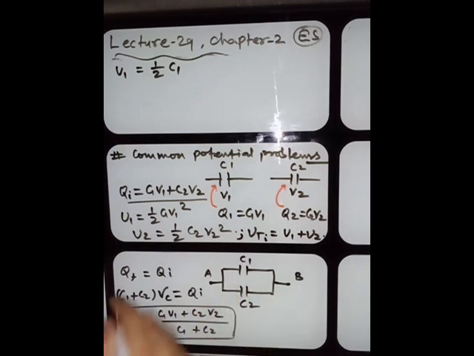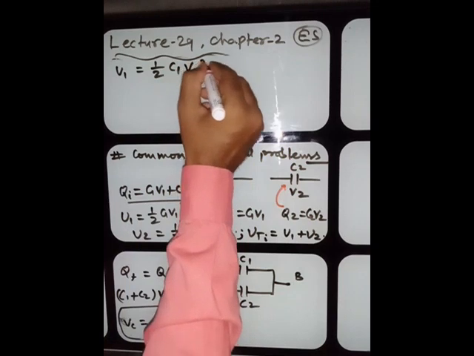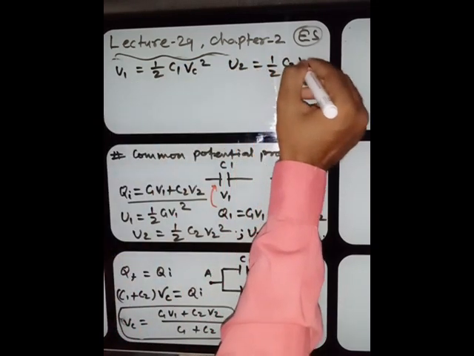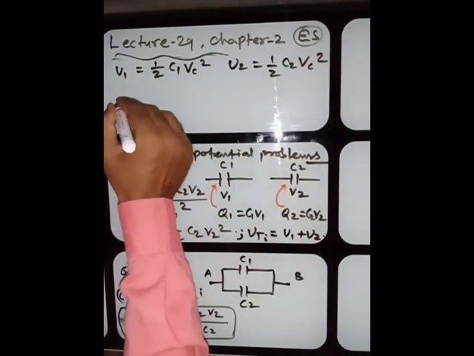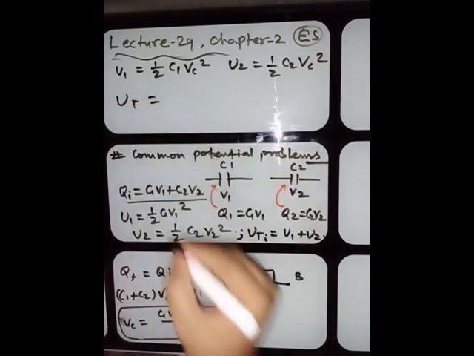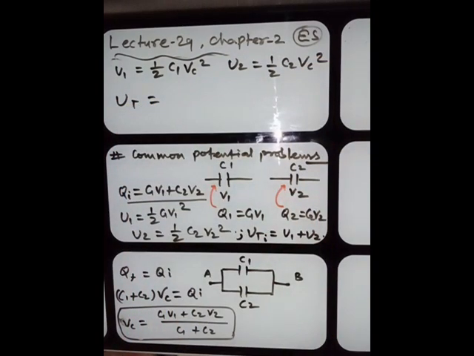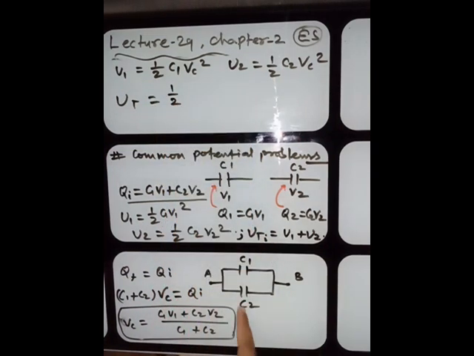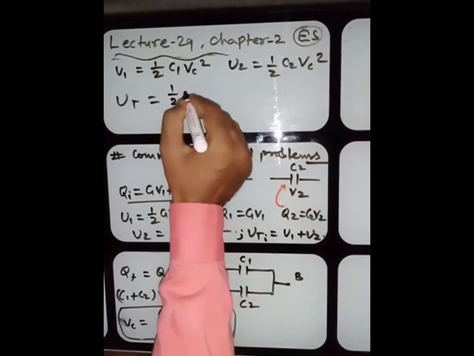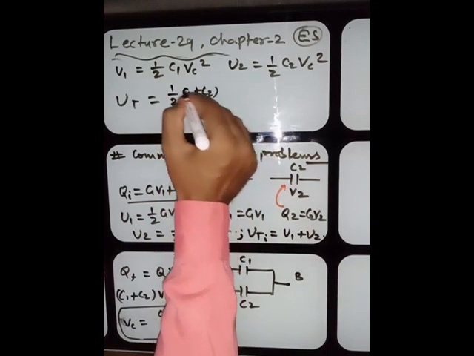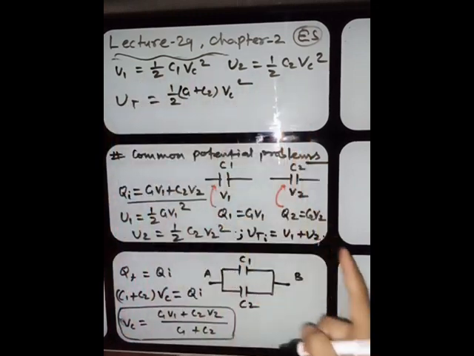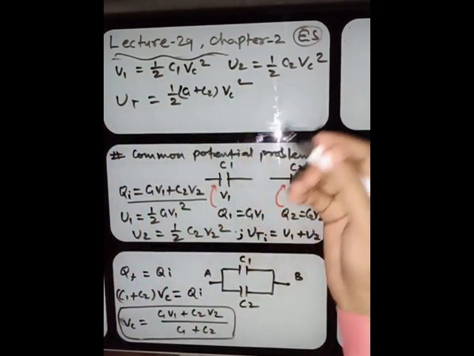We have calculated it already, so it is half C1 VC square, and U2 will be half C2 VC square. And what will be the total energy? The total energy should be half C V square, where C will be C1 plus C2, and VC square.